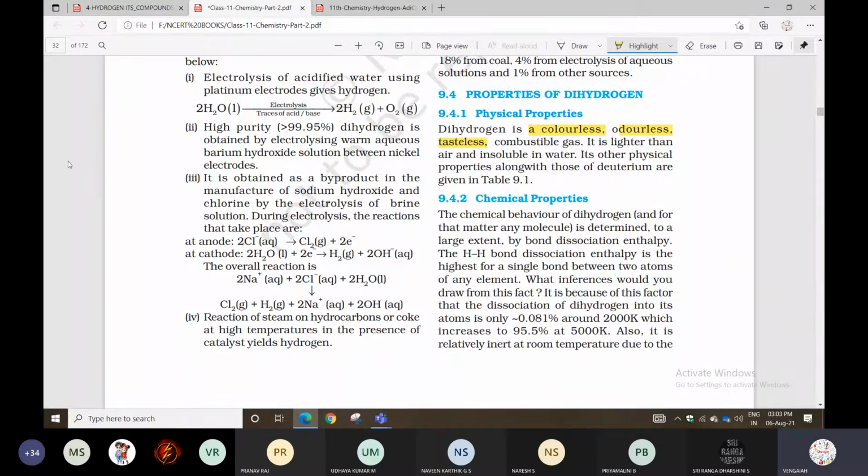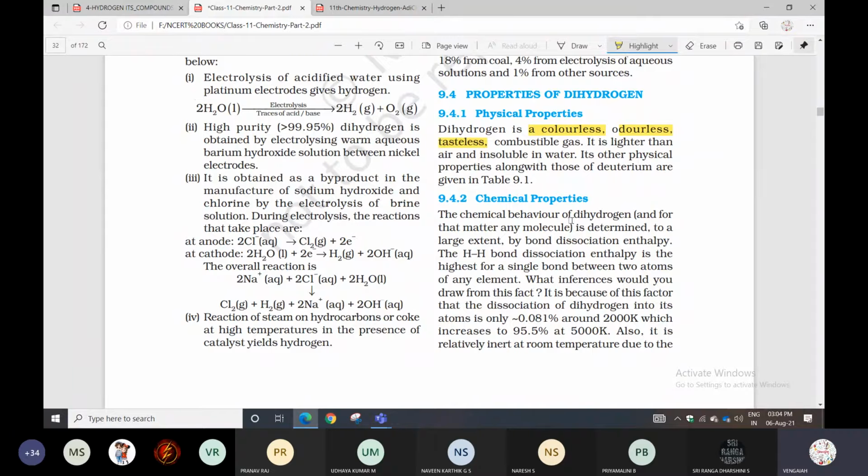Now listen, the chemical behavior of dihydrogen is determined to a large extent by bond dissociation enthalpy. Bond dissociation enthalpy is the highest for the single bond between 2 atoms of an element. What inference would you draw from this factor?